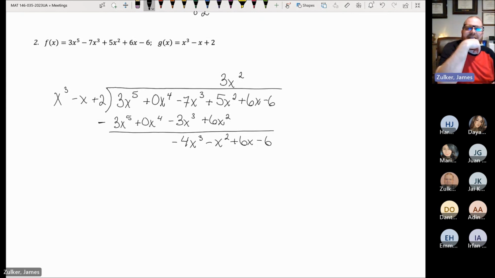Is this degree less than the degree of the divisor? So we have to go again. What are we going to have to multiply by? Yes, so just look at the leading terms.